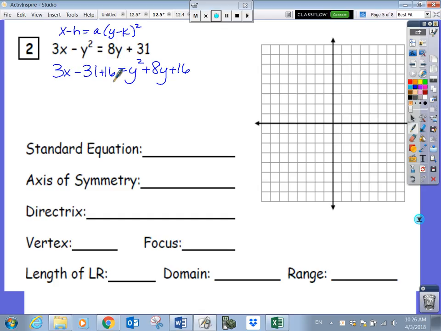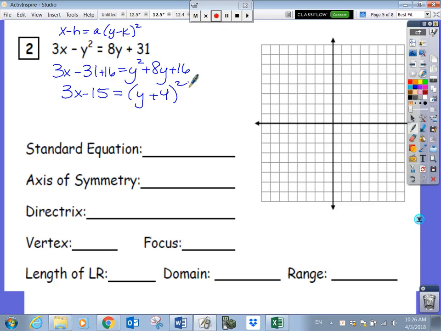With parabolas, you would only ever have to complete the square for either x or y. Circles, ellipses, and hyperbolas, you might have to do the x and the y. Parabolas will only be the x or the y. All right, now we just combine like terms. So we have 3x minus 15. Write this as a binomial squared because that's the whole point of completing the square.